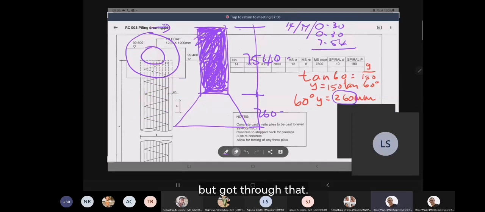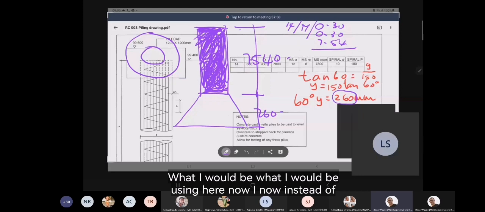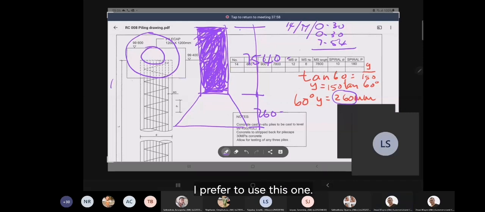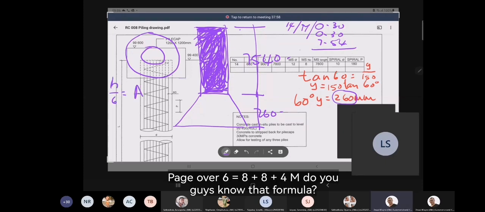If I cut through that, instead of using the other formula that can create confusion, I prefer to use this one, the one that says h over 6 equals a plus 4m. Do you guys know that formula?